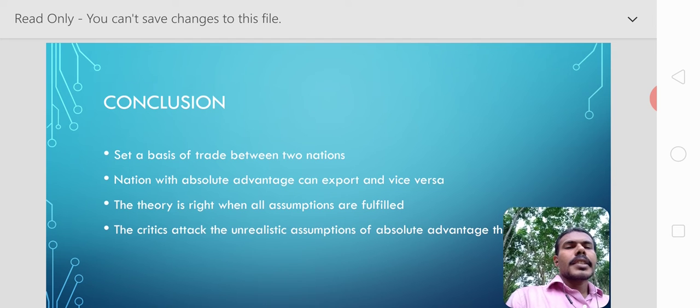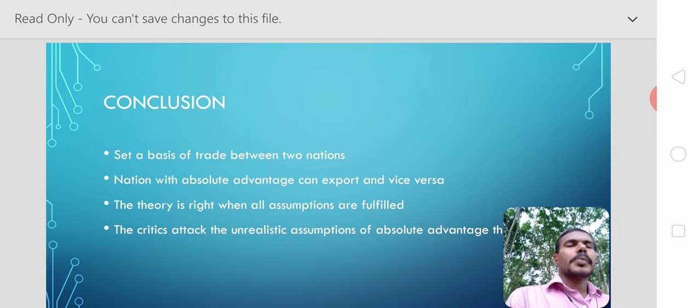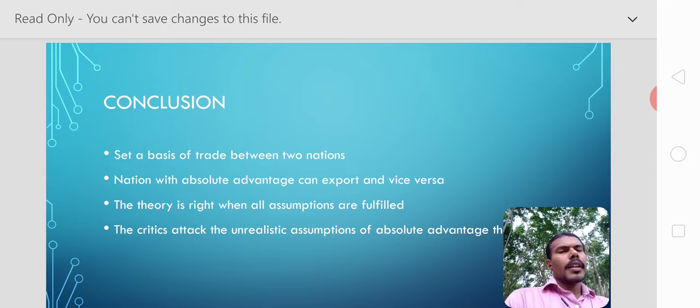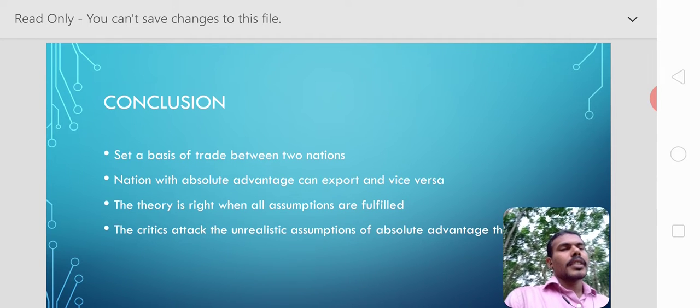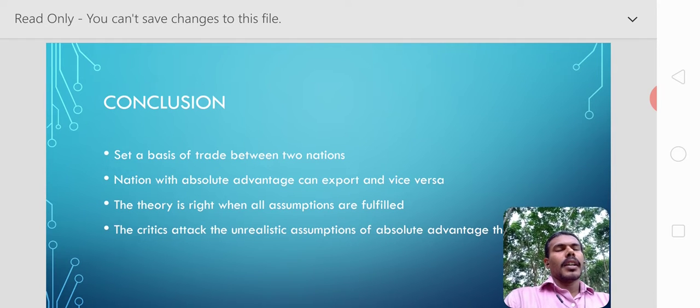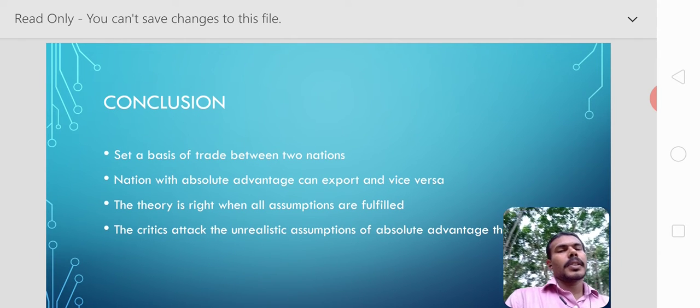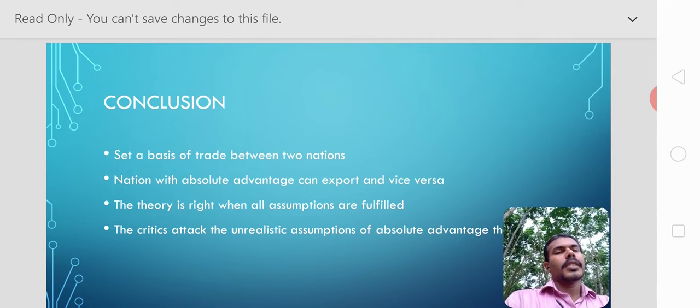So the theory is right when all assumptions are fulfilled. Even if a single assumption is not fulfilled, the theory cannot be valid as per the theory.